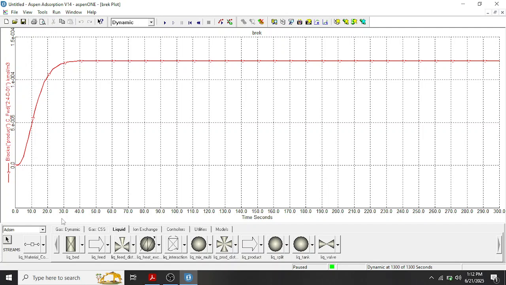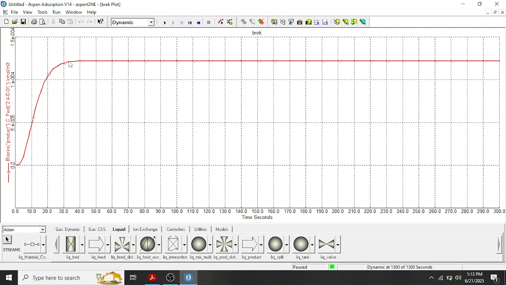So from here you can obtain the outlet concentration after, for example, 120 second. The concentration of the 2,4-dichlorophenolic compound in the product stream is this one. In the beginning it was zero, after 10 seconds it increased, after 20 seconds it further increased, like this one.